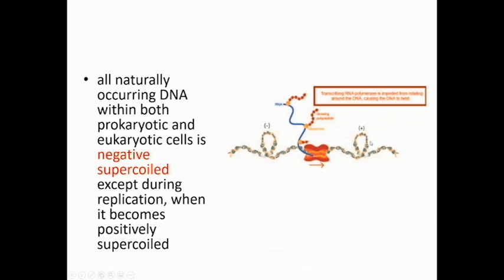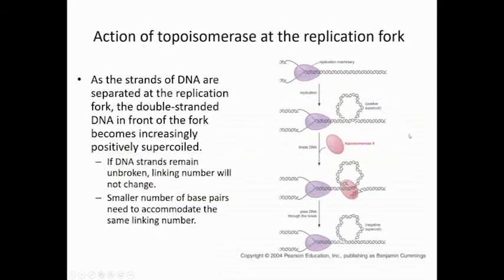And then they need to have a gyrase to remove this positive supercoil. And this is the replication. You open a double helix, and when you open a double helix, you introduce the positive supercoil before this replication fork, so you need a topoisomerase 2 to remove this tension.